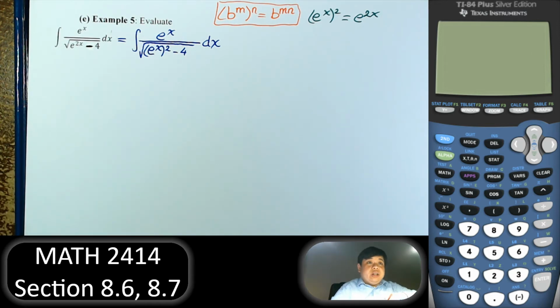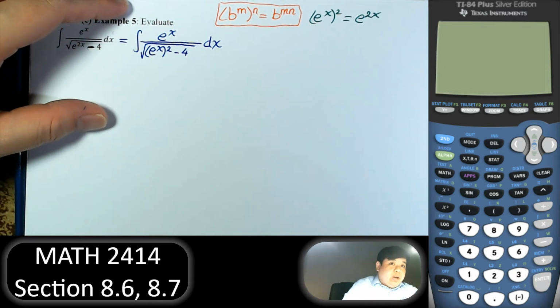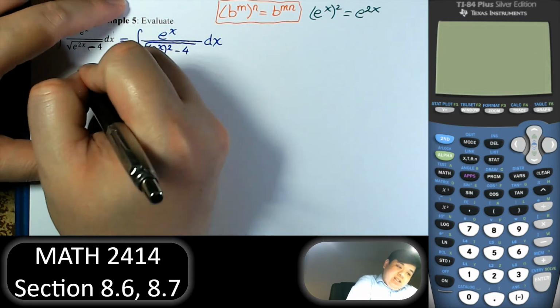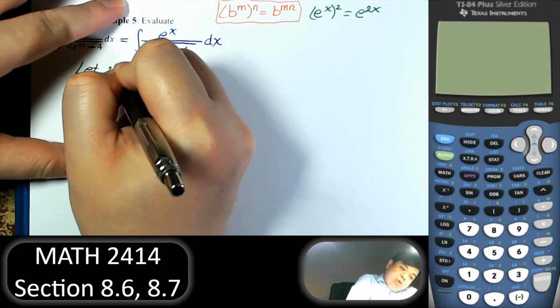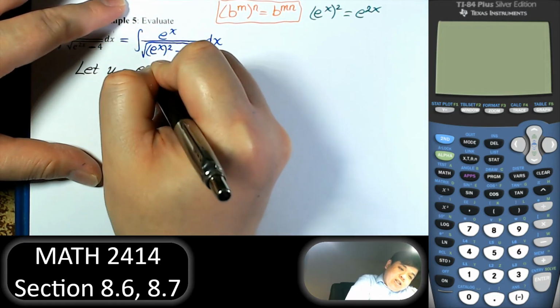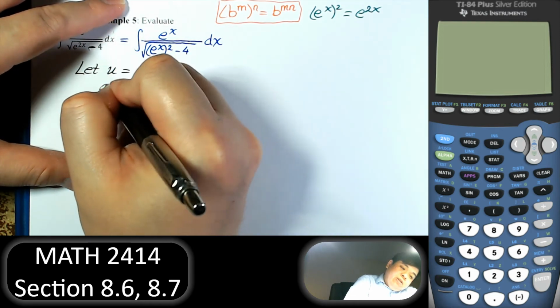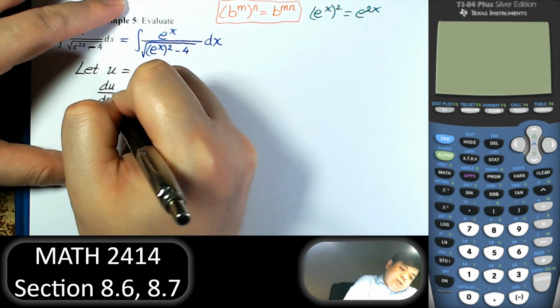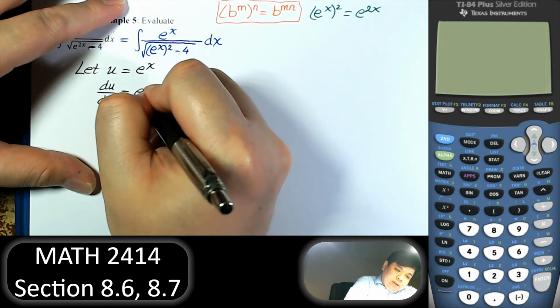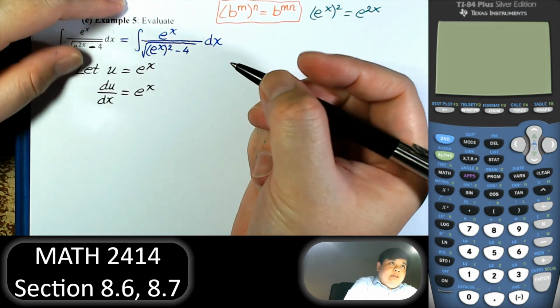So the substitution here is e to the x, and not e to the 2x. So let u be e to the x. Take the derivative. Same thing. Move the dx over.